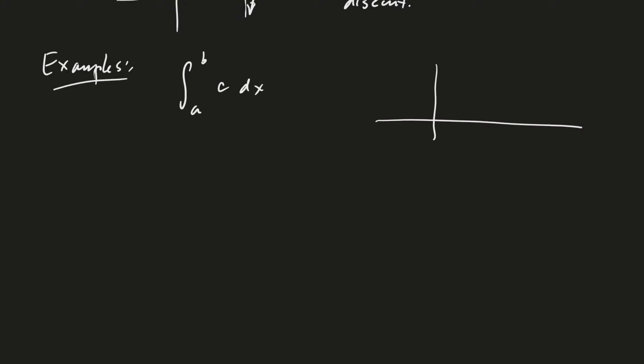Okay, so let's just take a look at a few examples here, just to get used to the notation. What is the integral from a to b of the function c? Here's a hint. How about if we draw a picture?